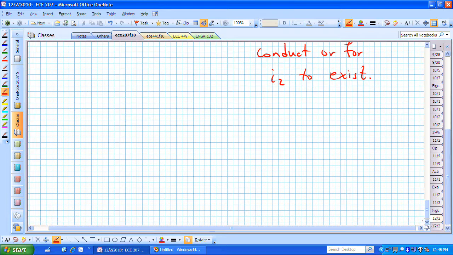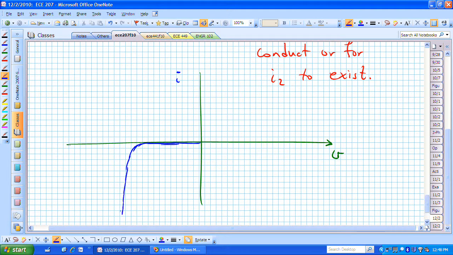For V to be less than minus 5.1, if we sketch that, here's our voltage, and here's our current, but now the only way current is going to flow is if V becomes less than this minus 5.1 volts.